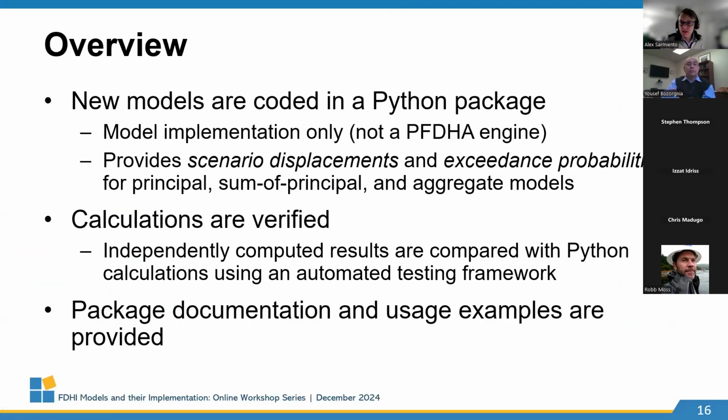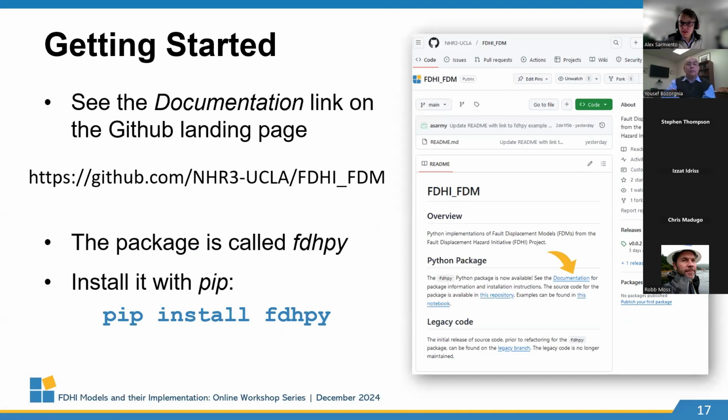You're right, since I have a minute here. This GitHub landing page is for the NHR Research Center at UCLA, and if you go to the root of this page, you'll be able to find this Python package link here and the Excel file. The Excel file is inspired by the NGA West Excel calculation sheet that Dr. made many years ago. If you're used to that, you'll hopefully have an app where you enter your magnitude here and your location here, and you give model weight.